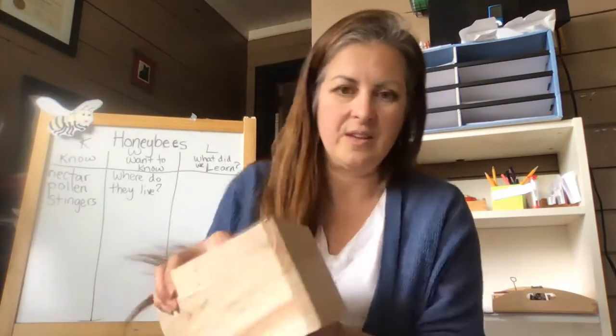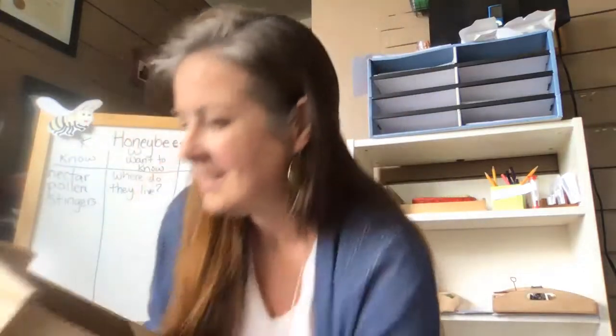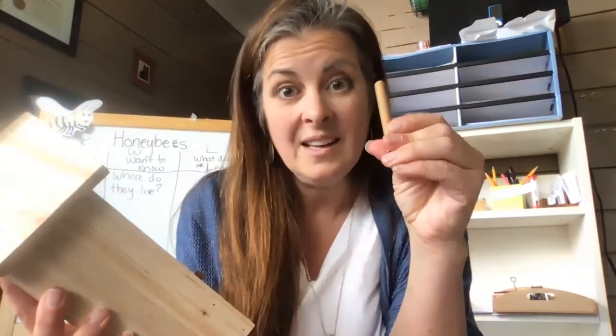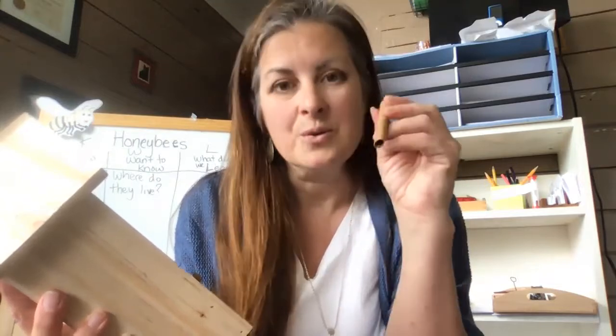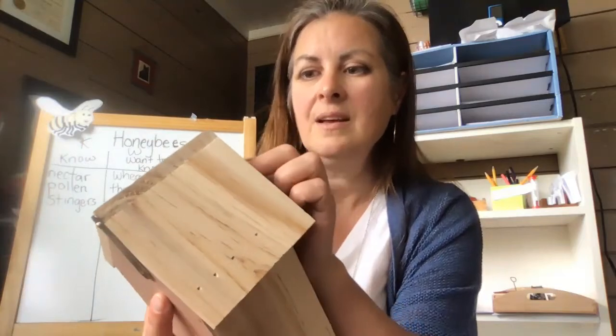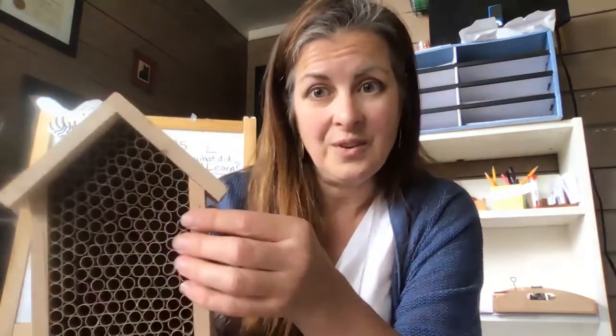Oh, one fell out the other day, so oh, there it is. Yeah. So here's a tube. They take mud and they use their spit and they chew up a bunch of stuff and they use their spit and then they create these mud bedrooms kind of, and then they live in here. They fill this all up with mud and they live in there.